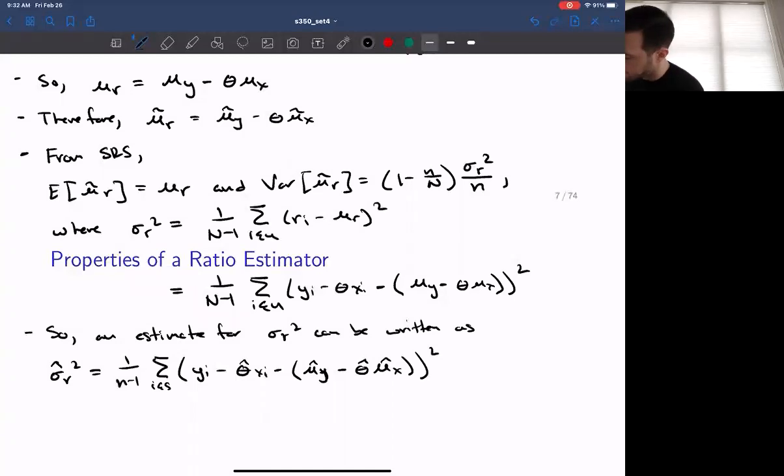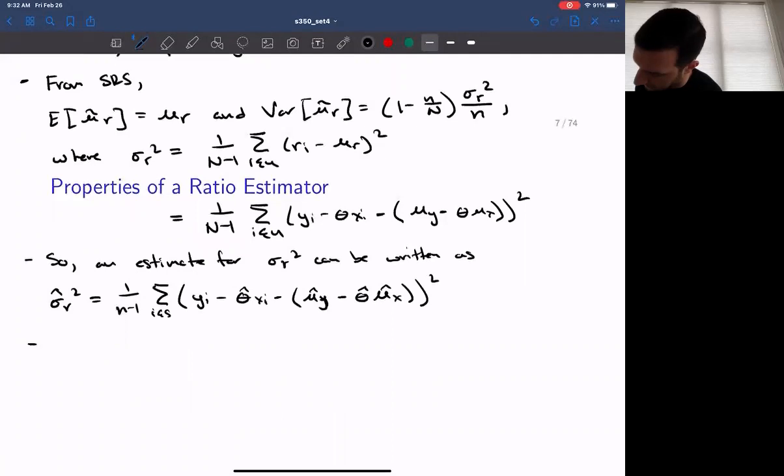Okay. And then we say let theta hat equal mu hat y divided by mu hat x.